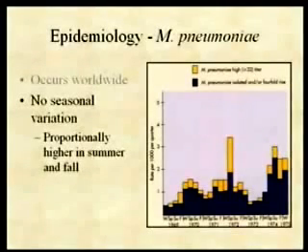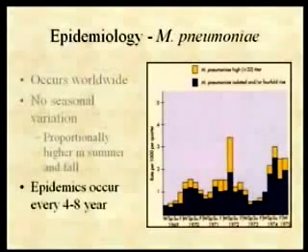Now, if you calculate the number of mycoplasma pneumonias as a proportion of the pneumonias, however, then it looks like there's more of these in the summer and the fall. But it's not because there's actually more mycoplasma infections in the summer or fall. It's because all the other pneumonias are actually dropping, because pneumonia is typically a winter disease. So proportionally, these things look like they're higher in the summer and the fall, but actually the number of cases is pretty much constant.